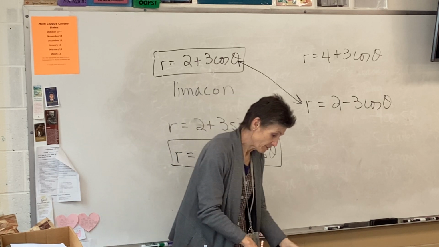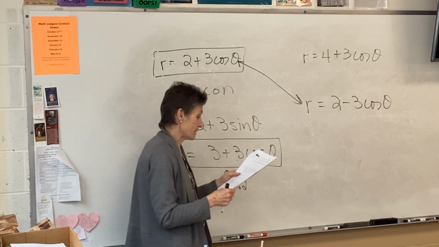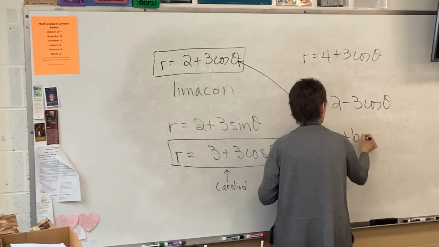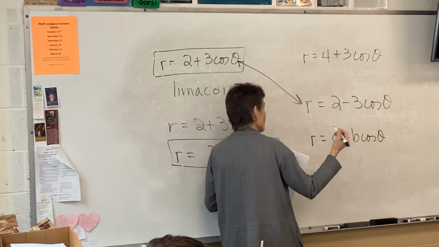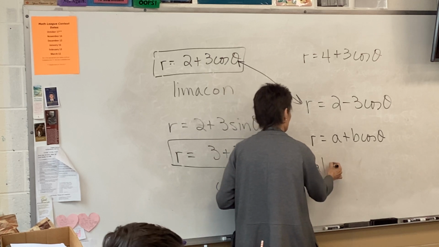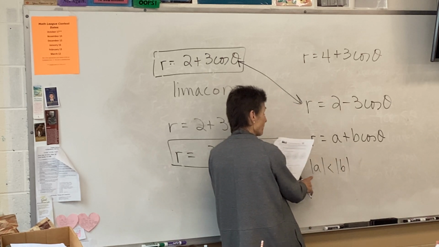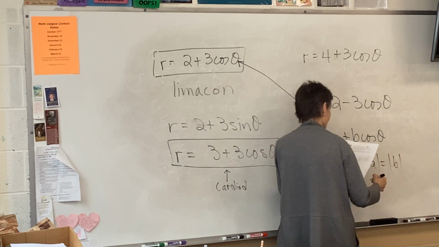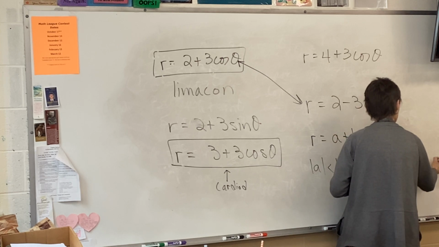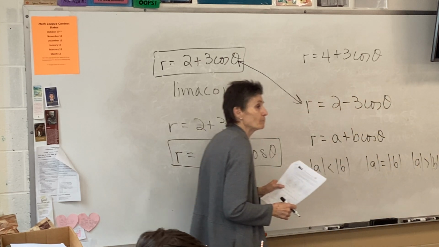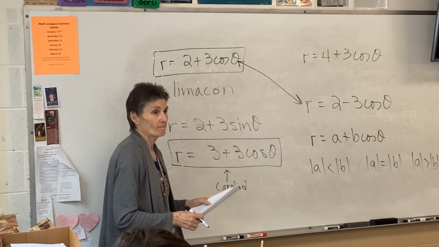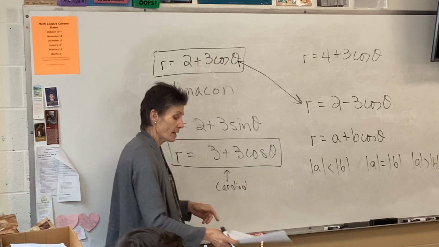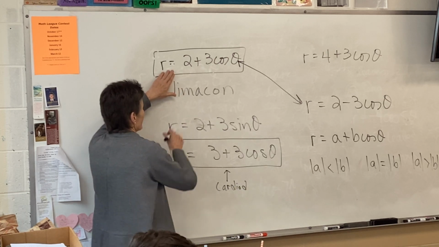Okay? All right, so now we're gonna do number 3. The equations are of the form A plus B cosine. You have to make some general conclusions about what happens if A is less than B, what happens if A is equal to B, and what happens if A is greater than B. Okay, so let's look at this one.